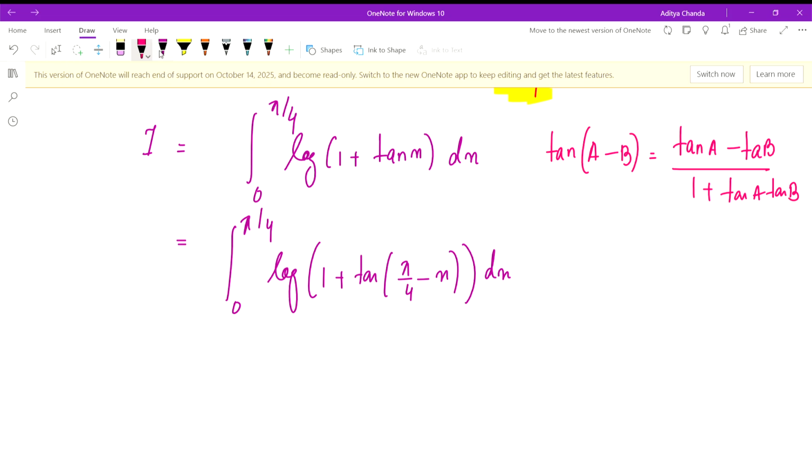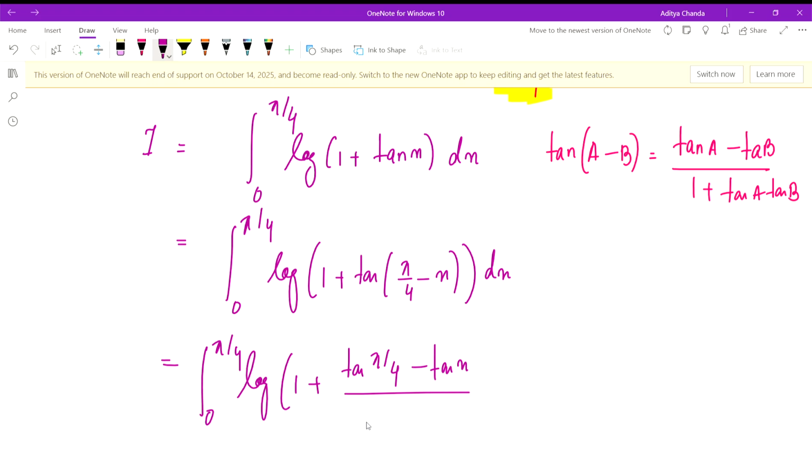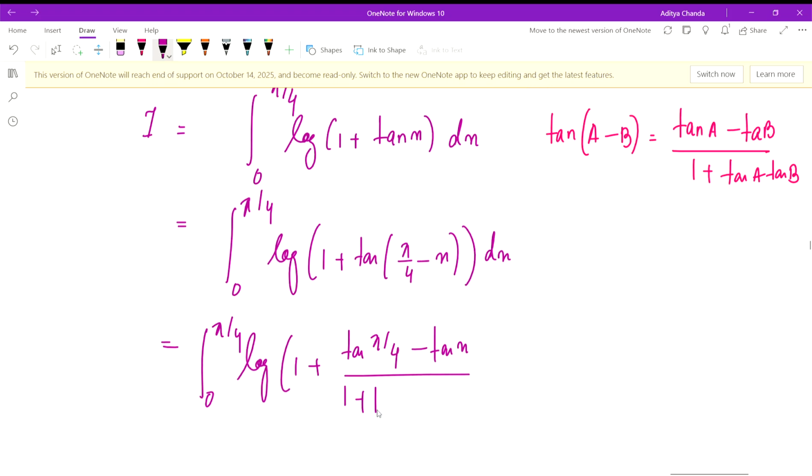If you apply that formula over here, this will give me 0 to pi by 4 log of 1 plus, tan pi by 4 minus tan x upon 1 plus tan pi by 4 and tan x, and over here you simply have this dx.